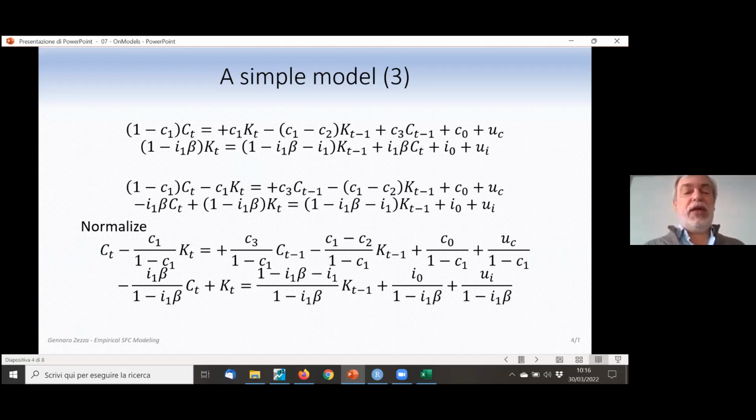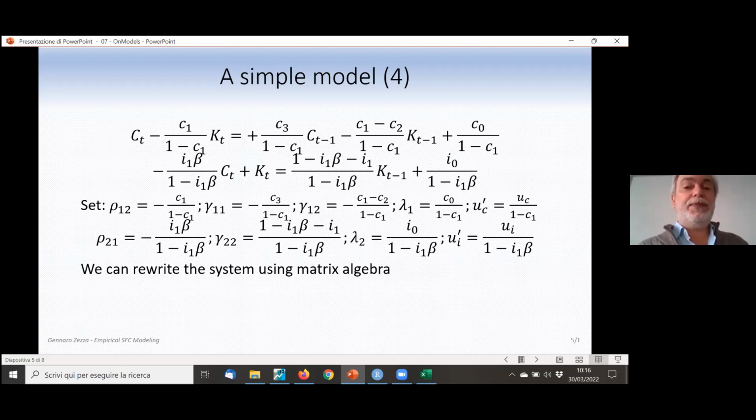We can normalize the system by dividing the first equation by 1 minus C1 and the second equation by 1 minus I1 beta. And the final system can be written in this way.